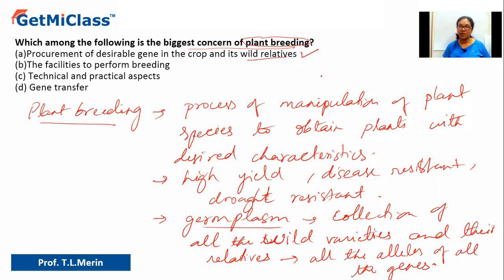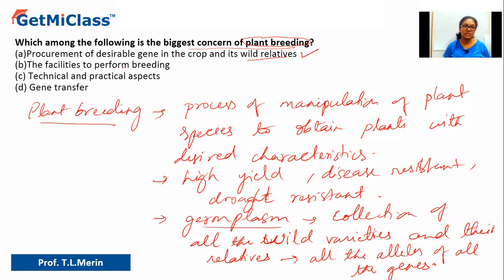Where all will you be roaming? But if you get it with a very good characteristic, then you will perform plant breeding and of course get a variety which is resistant, or has high yield, or is drought resistant, whatever it is. So the first step is, let us say, the biggest concern.